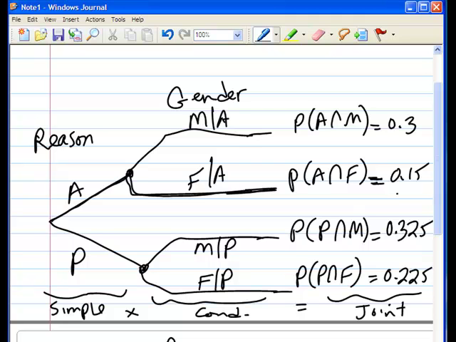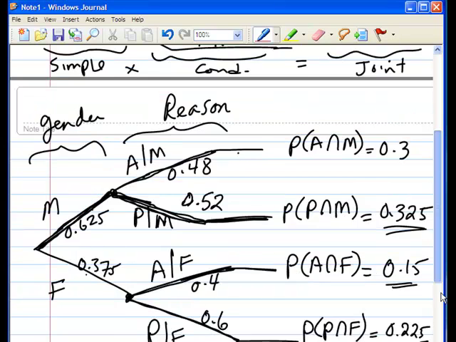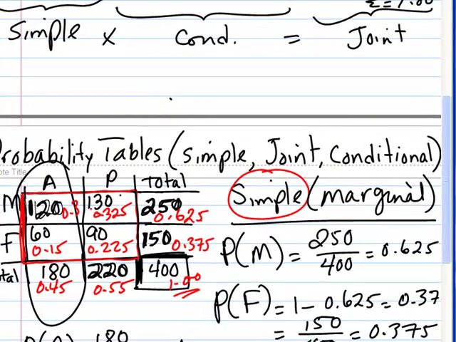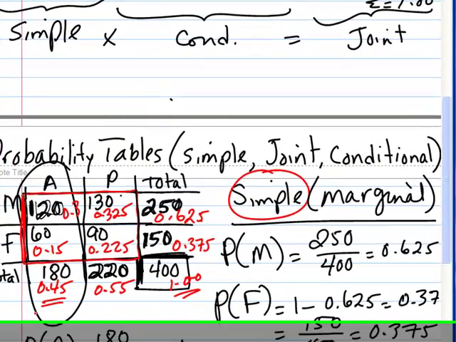Now once you have the end values or the joint probabilities, we know this. These two, which are at the end of this branch right here, will add up to that value. So 0.3 plus 0.15 is 0.45, which is what we had to begin with. If you go down in your notes, you will see that the probability of appearance was 0.45.